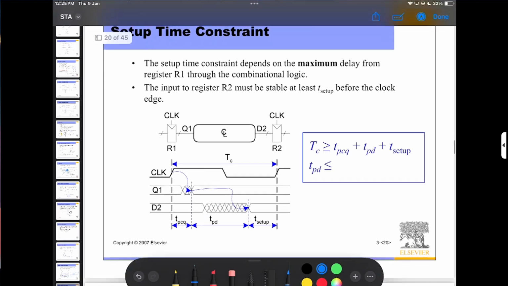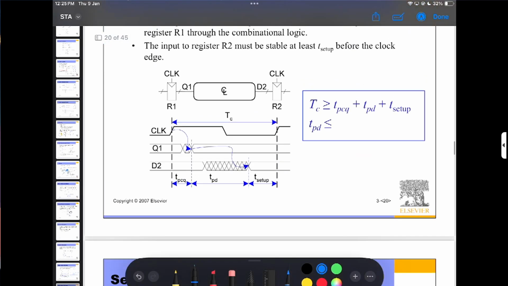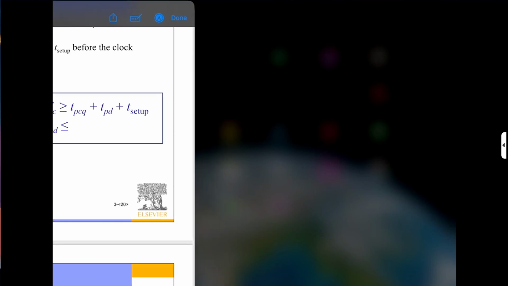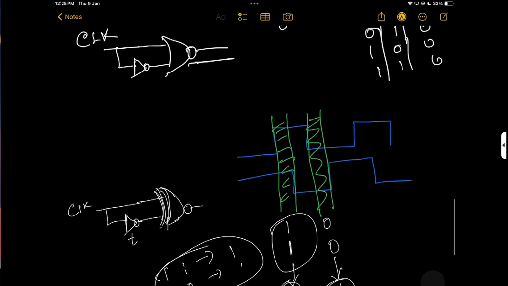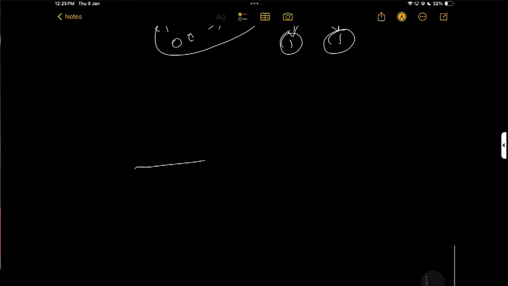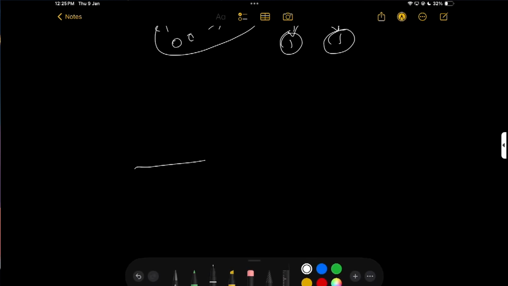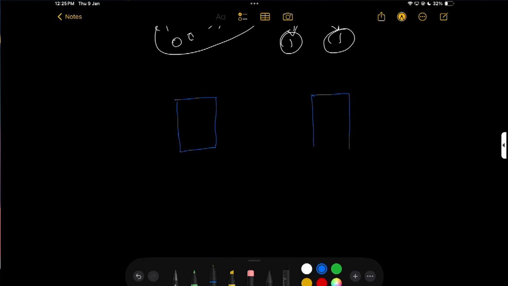Okay, so I give you one example here. Suppose this is my one flip flop and this is my other flip flop.